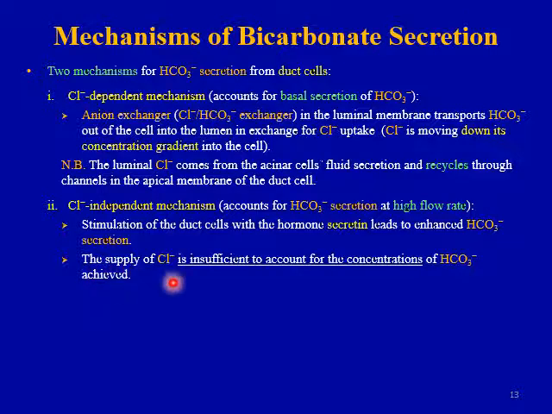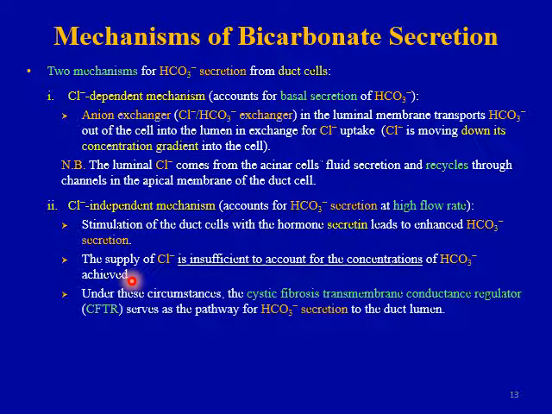The supply of chloride from the acinar cells is insufficient to account for the concentration of bicarbonate achieved at high flow rate. So we should have another transporter, and this is the cystic fibrosis transmembrane conductance regulator, CFTR. This will serve as the pathway for bicarbonate secretion to the duct lumen when the duct cell is activated by secretin and acetylcholine.